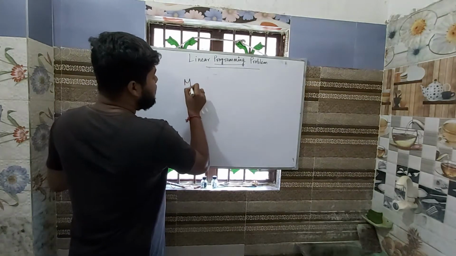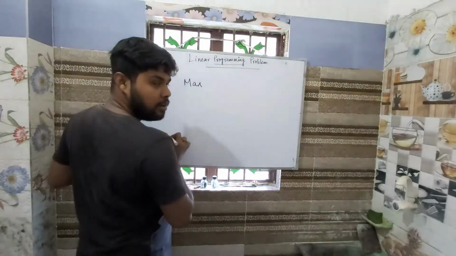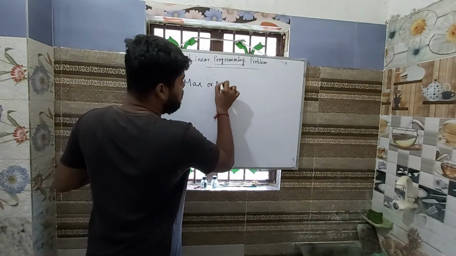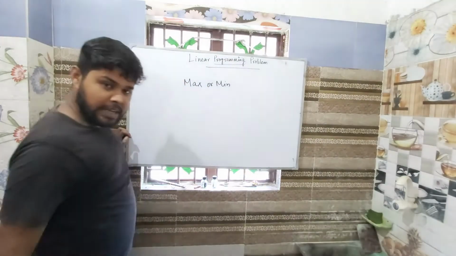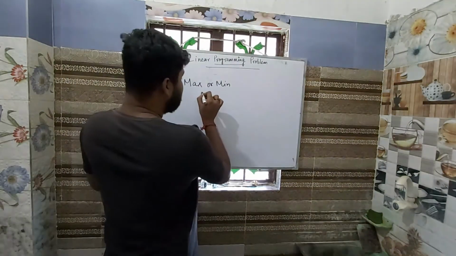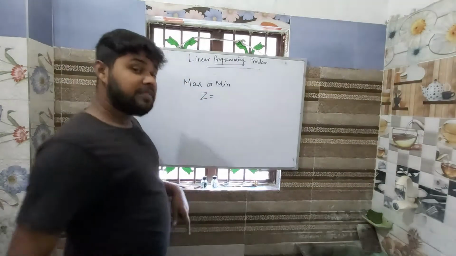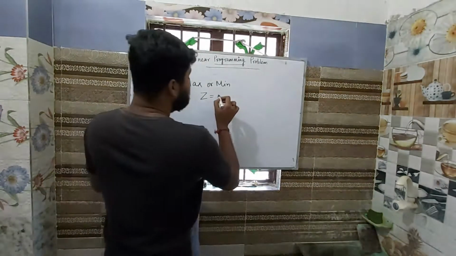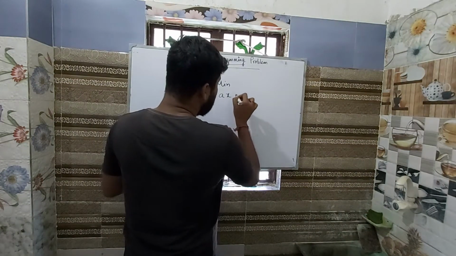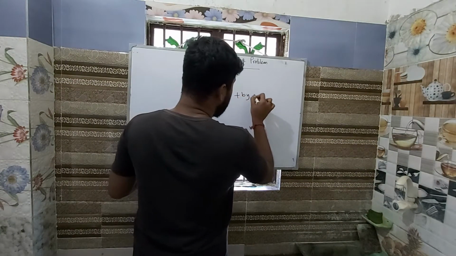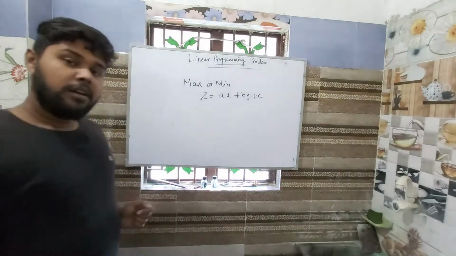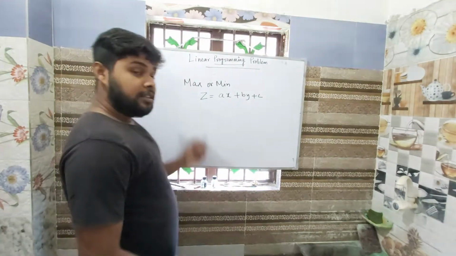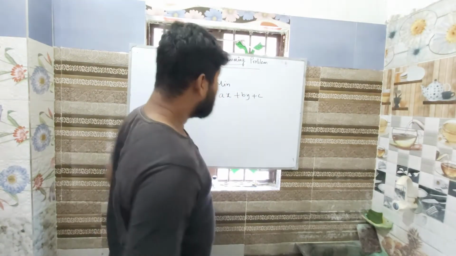So I will be writing max or min depending on what type of problem it is. Then we will be writing the objective function, whatever objective function we are given. So let it be ax plus by plus c. Fine. Then I have to write the constraints.